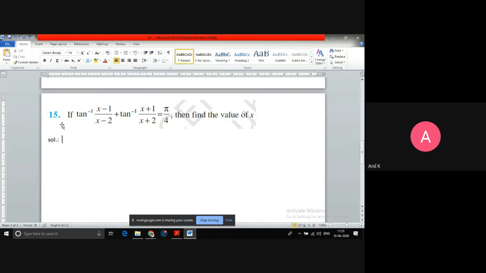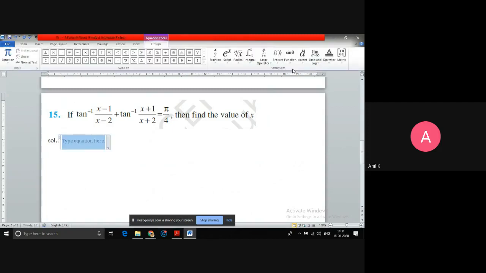Okay. So according to the formula, it is tan inverse A plus tan inverse B equals pi by 4. I will take it at the end. So tan inverse A plus tan inverse B formula is, let me insert the equation. What is the formula? First I have to go for tan inverse, and then I'll insert the closed brackets to avoid the confusion.